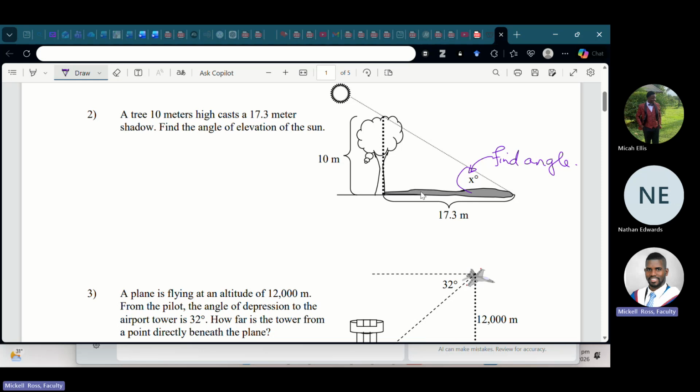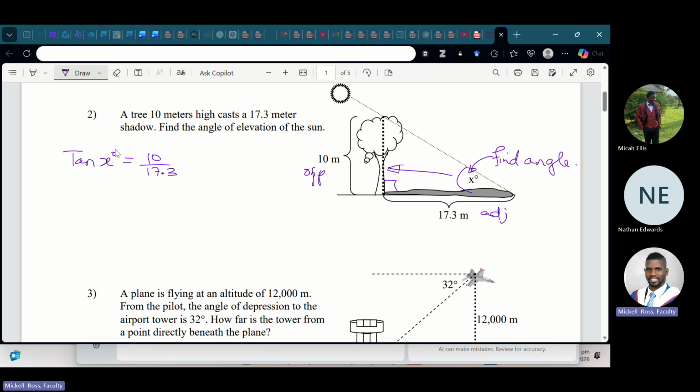So based on this shape, this is the angle, this is the opposite side, and this is the adjacent side. The ratio that deals with opposite and adjacent is tan. So it's going to be tan of the angle x is equal to the opposite side over the adjacent side.